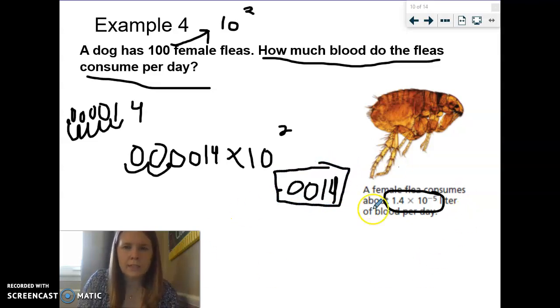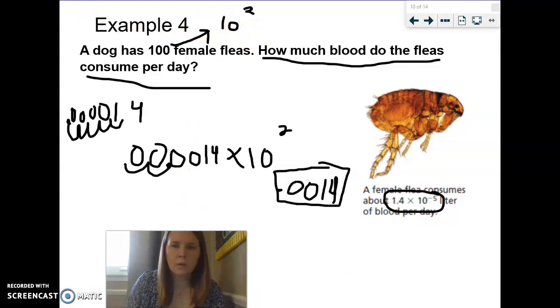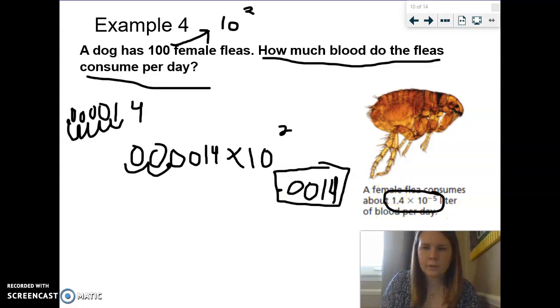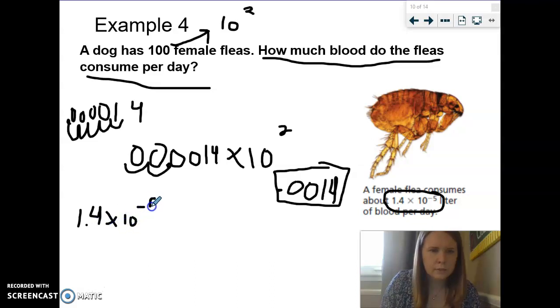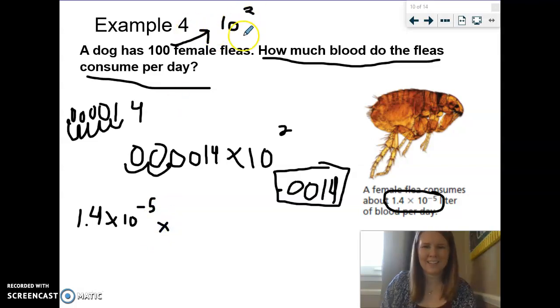So that's one way. You can first take this number, write it in standard form, and then go back and multiply it by 10 to the second. Or another way is I can take this whole thing and rewrite it out. And then I'm also going to multiply it by 10 to the second, because there's 100 of them.